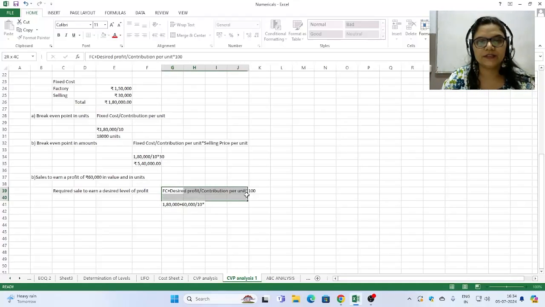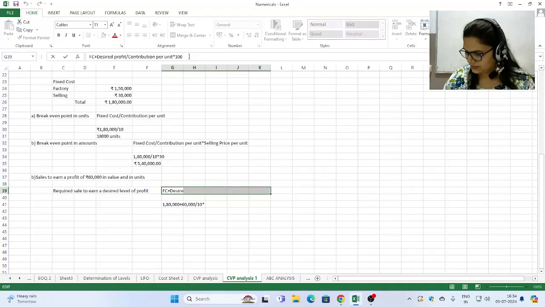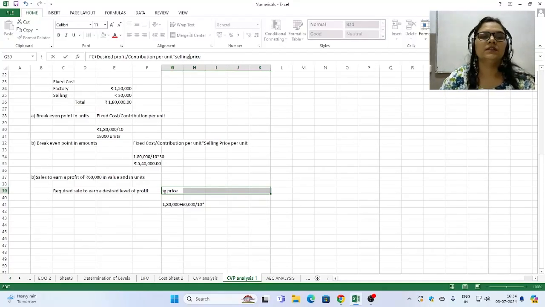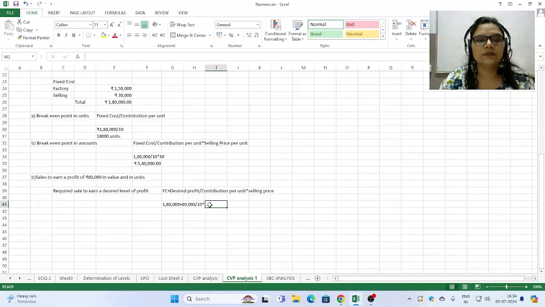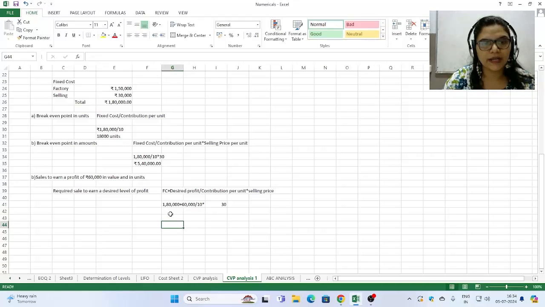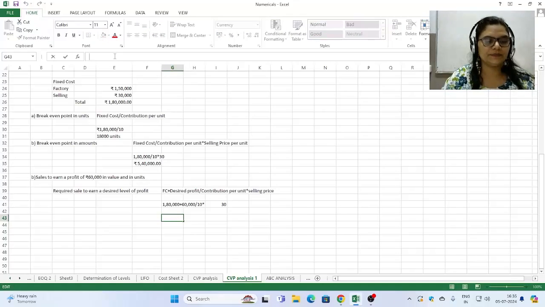Let me rectify, it's into selling price. Selling price per unit is 30. So this figure, required sales in rupees, we are getting is 7,20,000.